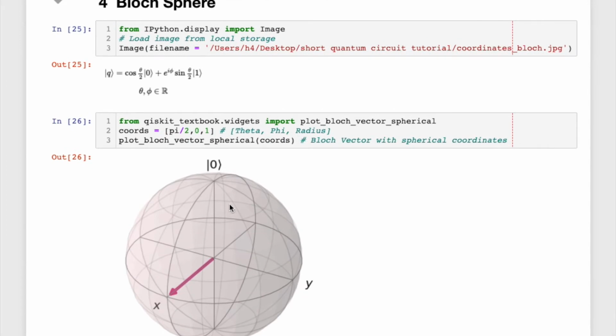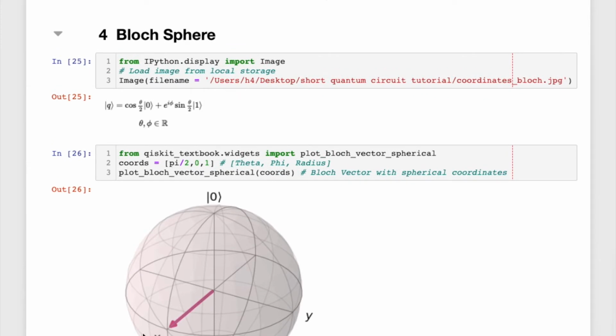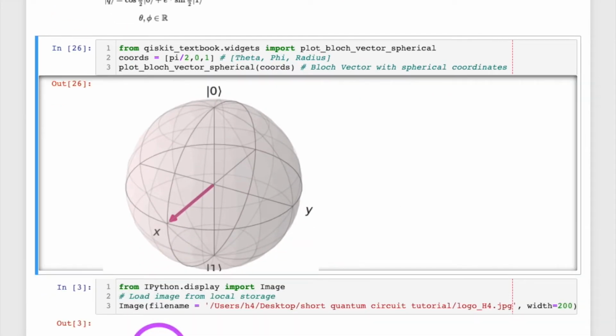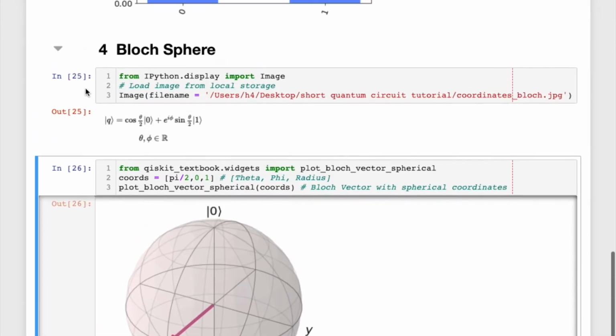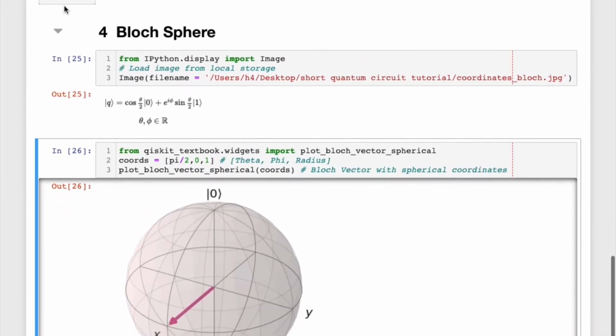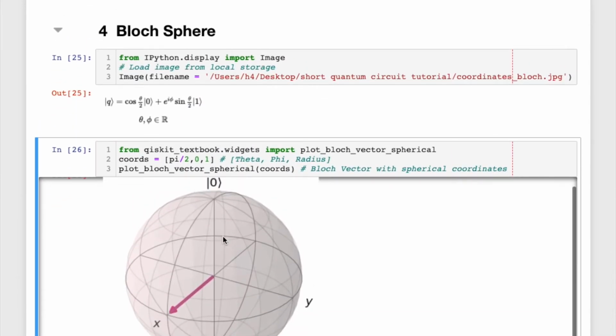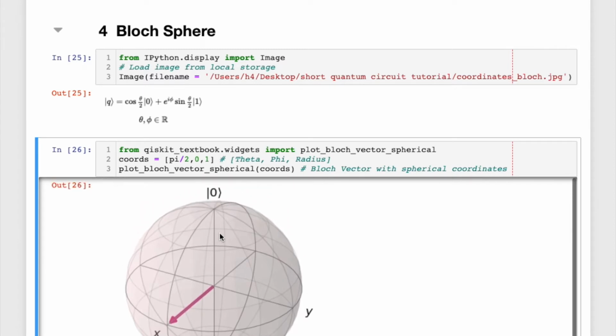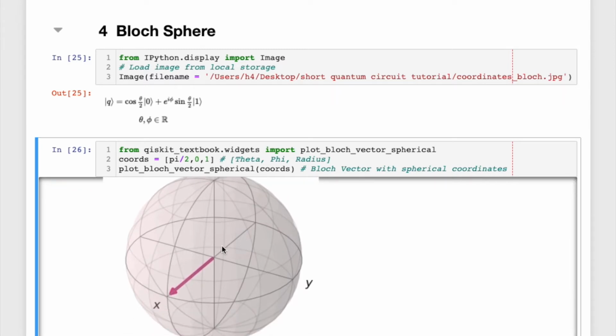You see the 0 is always pointing up, the 1 is pointing down, and then you get the vector pointing into the x-axis. This is basically an intuitive way to describe it. It was a little bit difficult for me at first, I'm not a physicist, so I didn't know much about this some time ago.